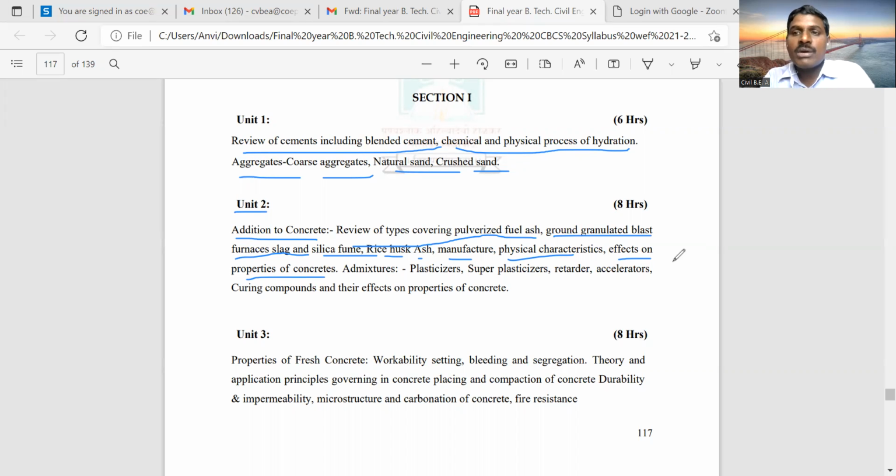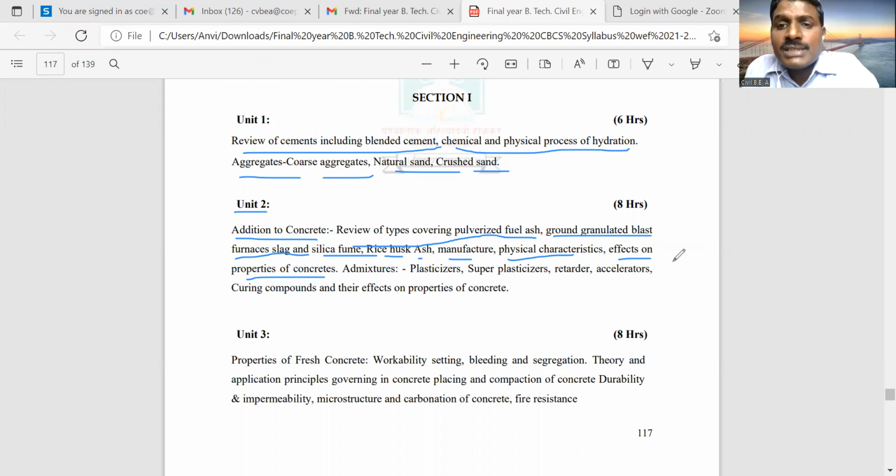Or sometimes we are using brick bats, meaning pieces of bricks, heated brick bats, and we are replacing the aggregate with them.